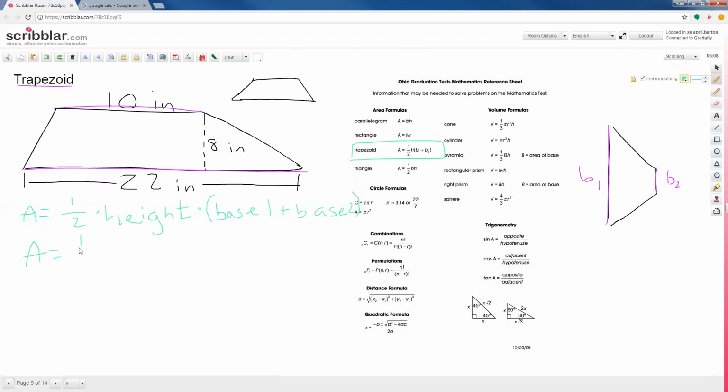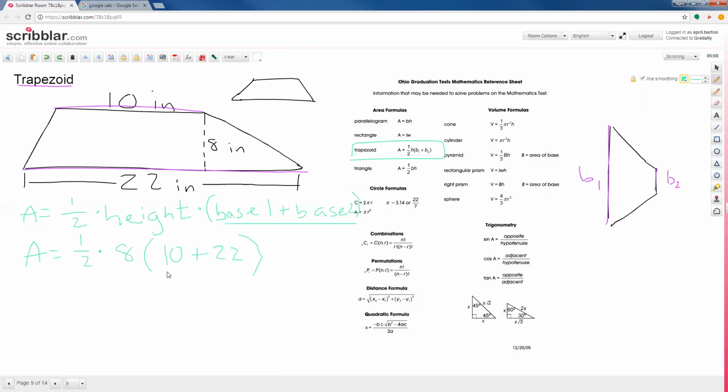So now we can write our numbers in. If the top and the bottom are the bases, which of these numbers is the height in our shape? 8. Good. 8. And then the bases, it doesn't actually matter which one is which, you could do 10 plus 22 or 22 plus 10, and it's fine.